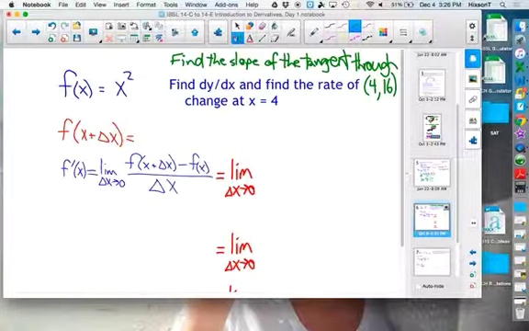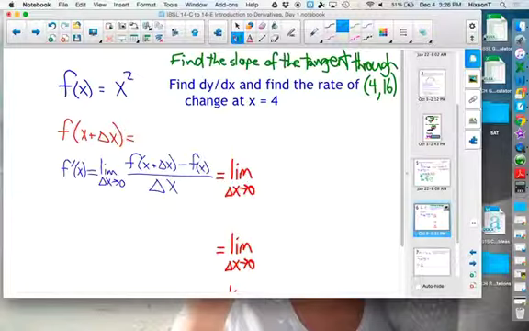This is telling you to do the same thing as the original directions. You're finding the derivative, then you're plugging in 4 for x to figure out what the slope is at that point. So let's work our way through this.